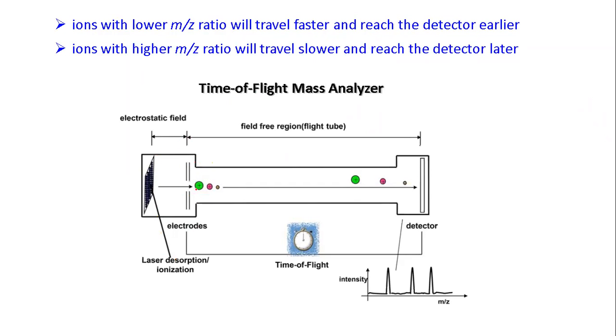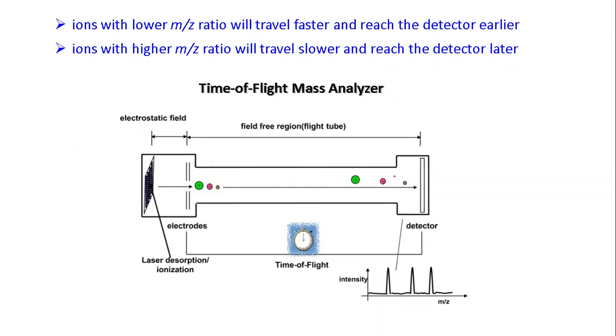Suppose your ions are generated with different m by z, a green one, a purple one, and a small, maybe colorless one. The smallest one is traveling faster, the heavier, bigger one is traveling slower, and the detector will detect the smallest first, then the others accordingly based on m by z.